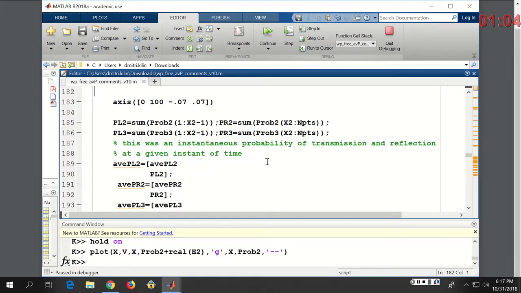This probability left will be the integral from x0 to center, and probability right will be the integral from center to x maximum, of the wave function squared.